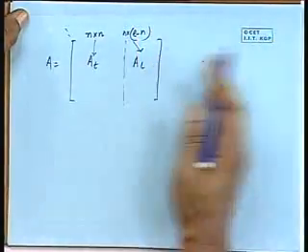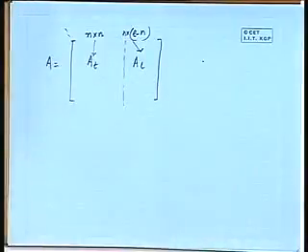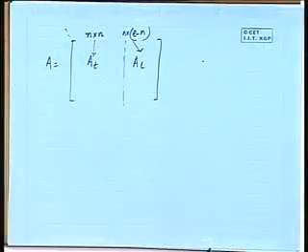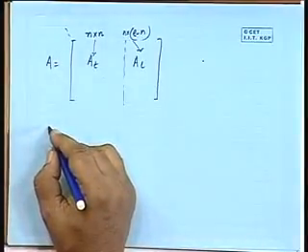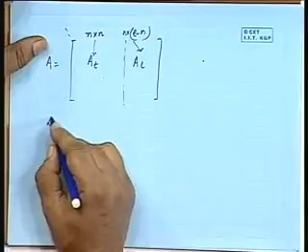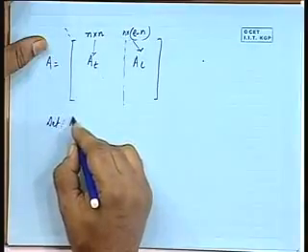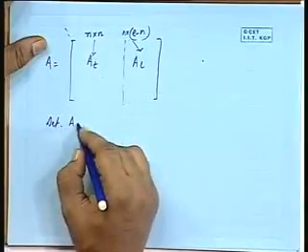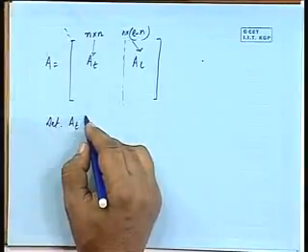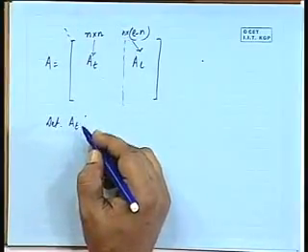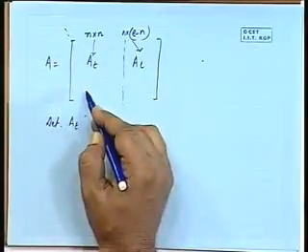Number of elements can be anything. You can have a large number of elements, a highly interconnected network. So what will be the determinant of this AT? That will be determining the rank of the matrix, that is n.